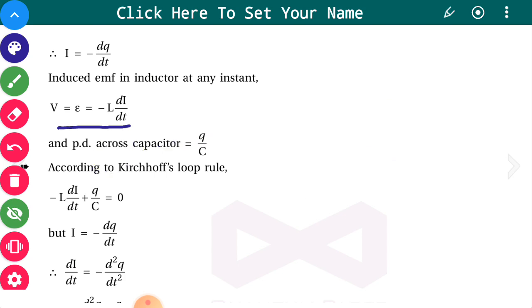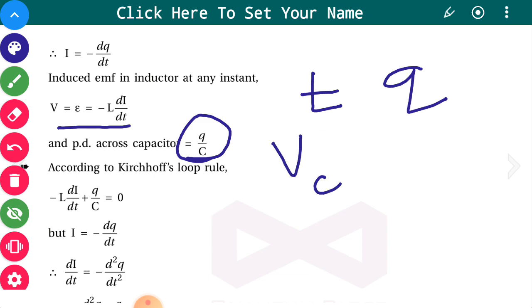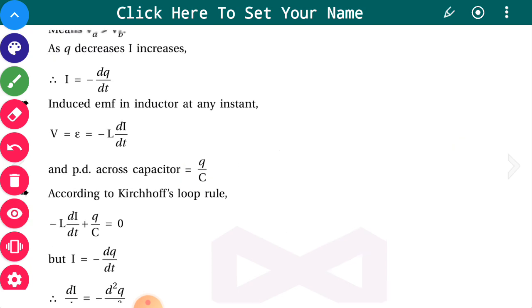Now the potential difference at any time across the capacitor, as the charge on the capacitor at any time t is q, will be q upon C. Now if we apply the Kirchhoff rule, it will be minus L di by dt plus q upon C is equal to 0. You can understand it from the figure.